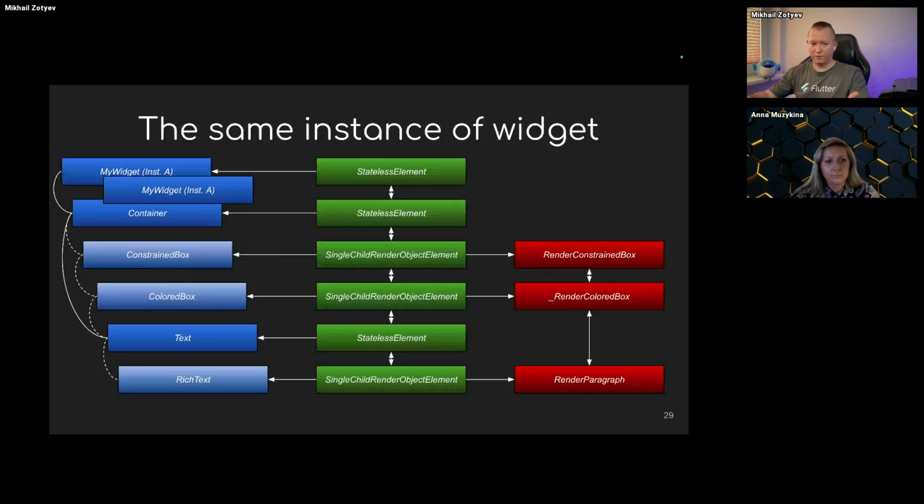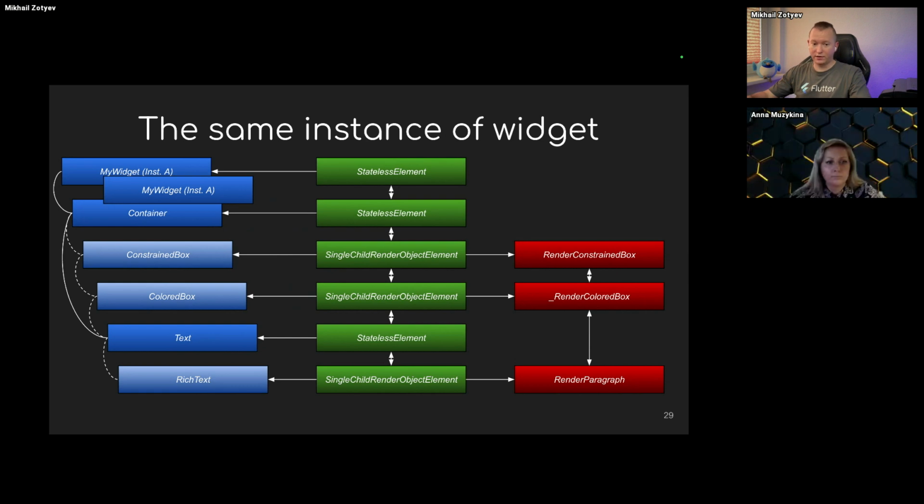So let's have a look at the first one. For example, if we mark some subtree that we want to update, but then we return the same instance. How can it happen? For example, const widgets. When we have a const widget, we have a situation when it's exactly the same instance.